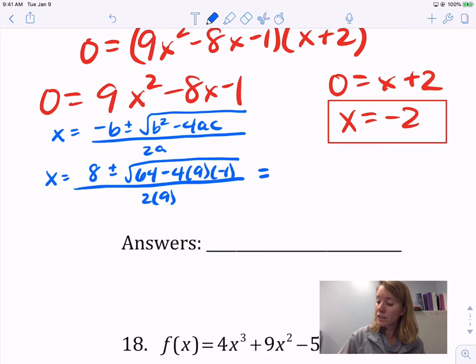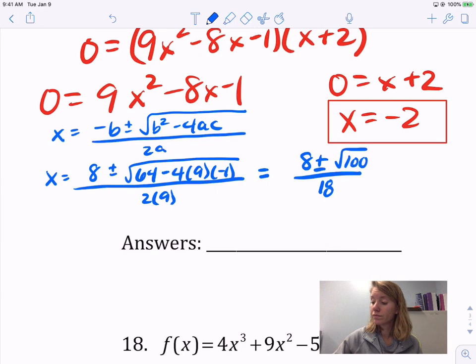Okay, so that is 8 plus or minus 64 plus 36. Take a second and confirm that for yourself. 4 times 9 is negative 36, and then times negative 1 is positive 36. That's actually the square root of 100 over 18. So 8 plus or minus 10 over 18.